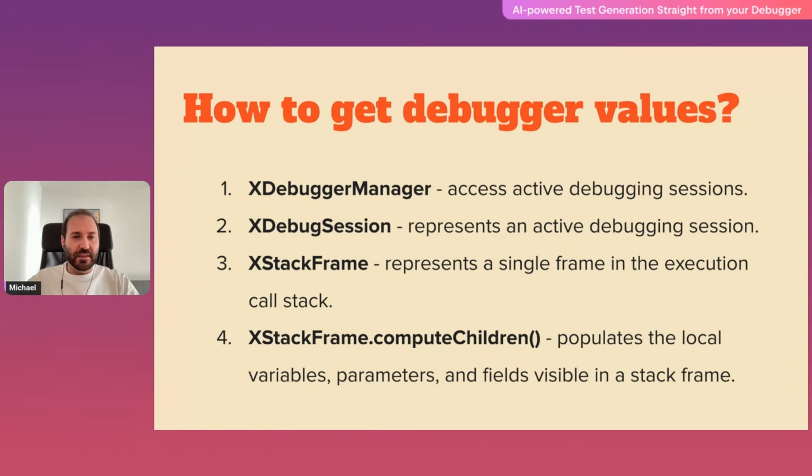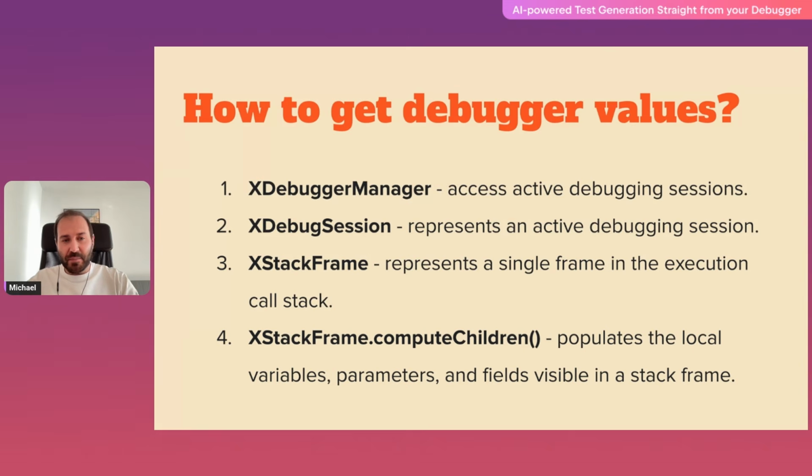Basically, it has different layers which you can use to access this data. First is the XDebuggerManager, which contains different debugging sessions, as far as I understand. Through this manager you can access your XDebugSession, which is the current session you use in your debugger.